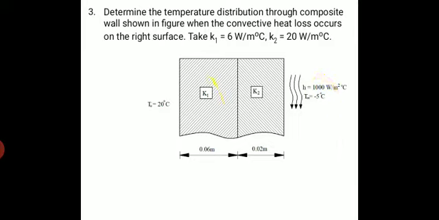K1 is 6 watt per meter degree Celsius and K2 is 20 watt per meter degree Celsius. The thickness, not length, of the first layer is 0.06 meter, and 0.02 meter thickness for the second element.